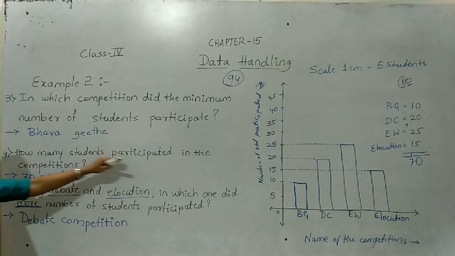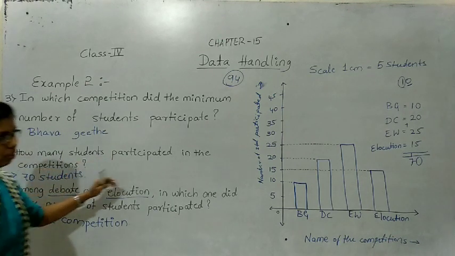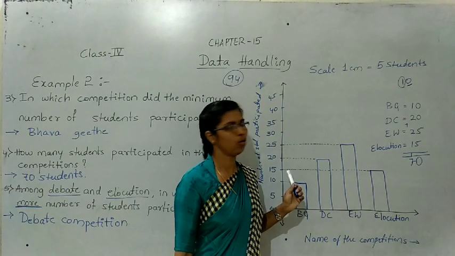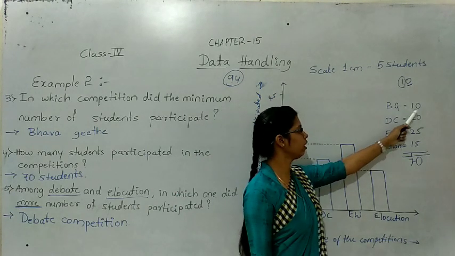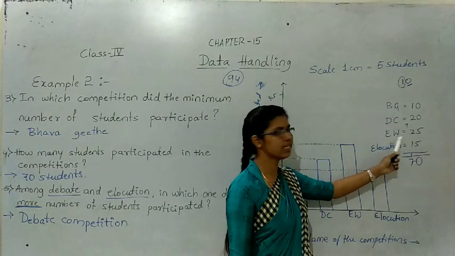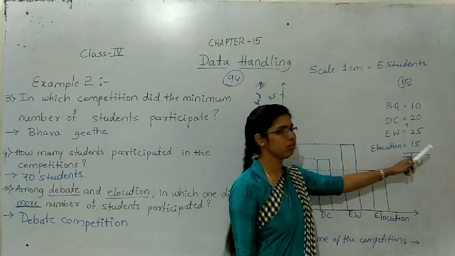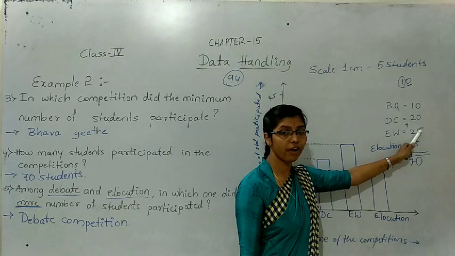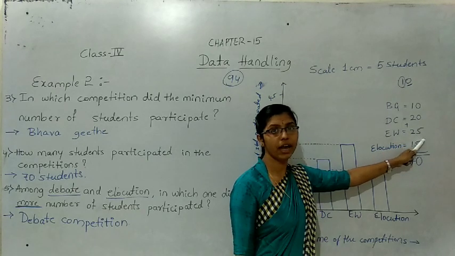How many students participated in the competition? Here they are asking the total number of students. So Bhava Geet 10, debate 20, essay 25 and elocution 50. 0 plus 0, 0, 0 plus 5, 5, 5 plus 5, 10.